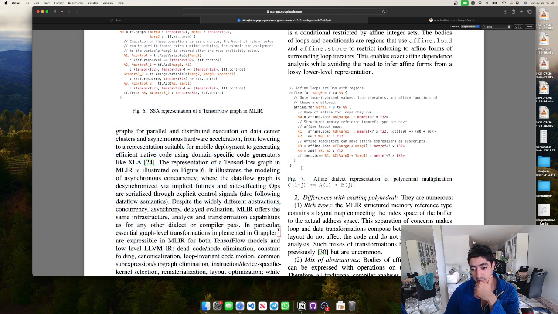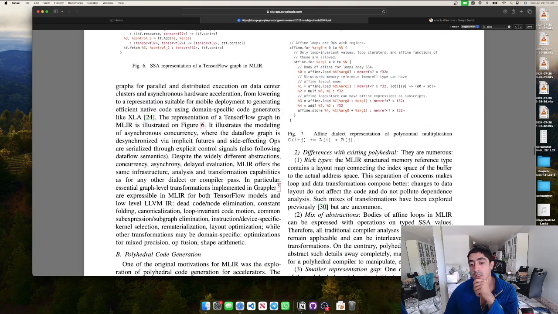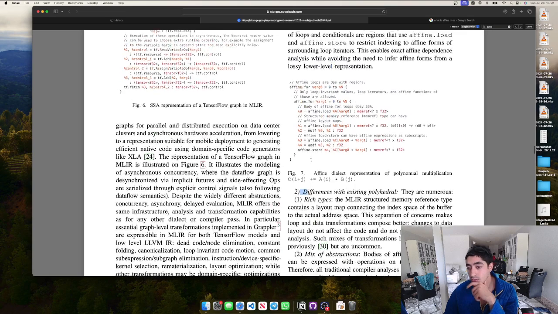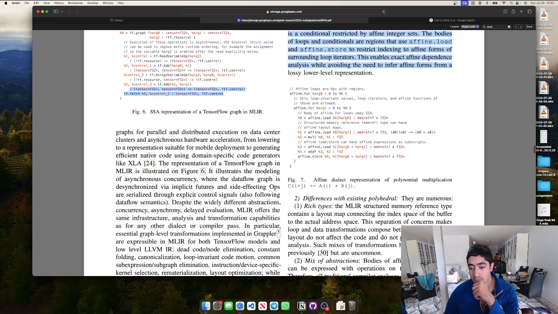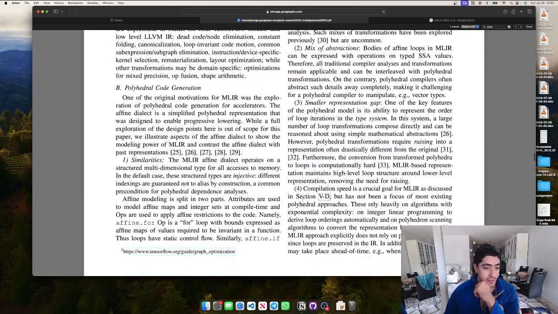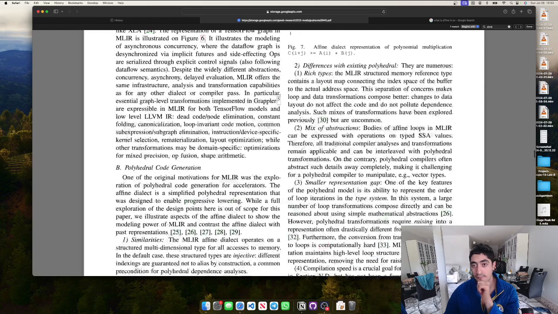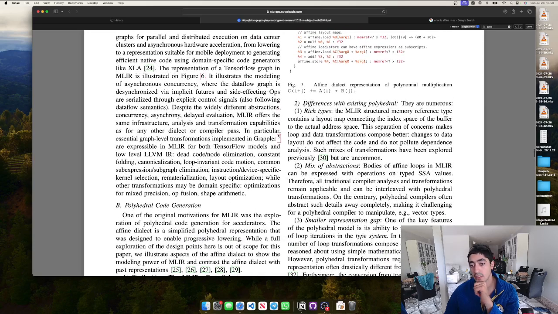You don't want it to be repeated. Alright. So now we're, I believe, here. We finished the similarities with polyhedral code generation, and now we are at differences with existing polyhedral.